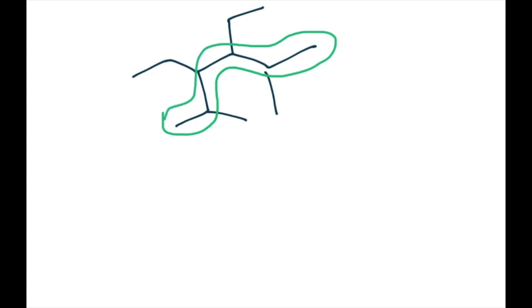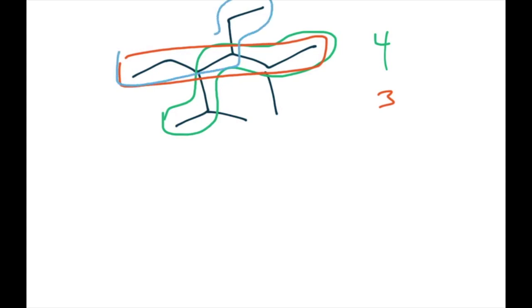How many substituents are coming off of that hexane? 4. So I got 4 substituents on that one. If I pick this hexane, 1, 2, 3, 4, 5, 6, I get 3, right? If I pick this hexane, I get 2. So I'm going to pick the hexane that has the most substituents coming off of it, because that's going to give me the simplest substituents, the ones that are easiest to name.